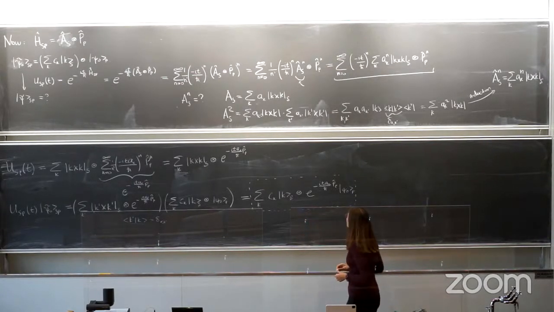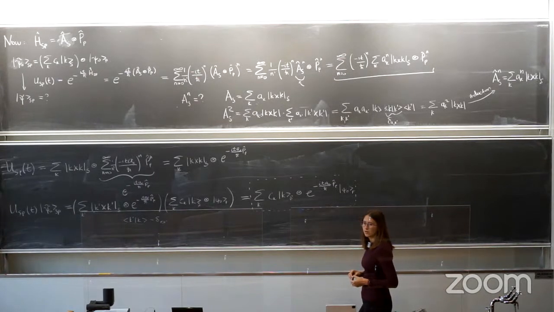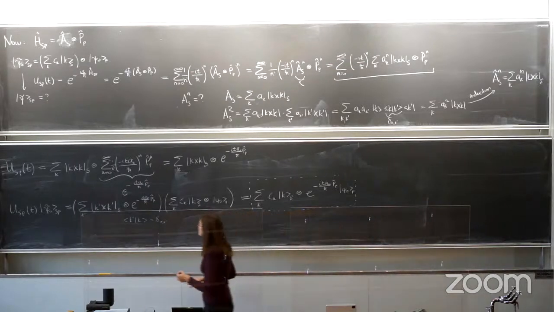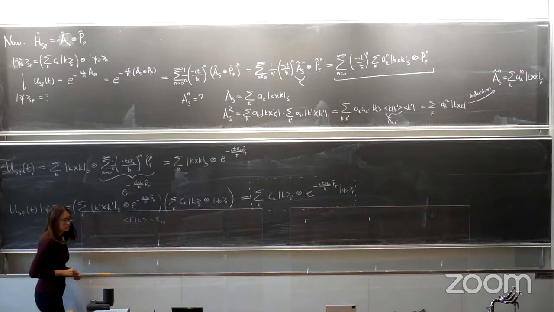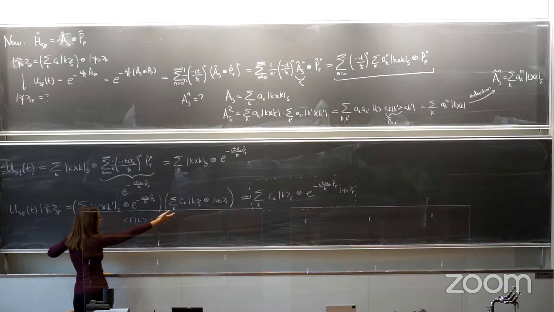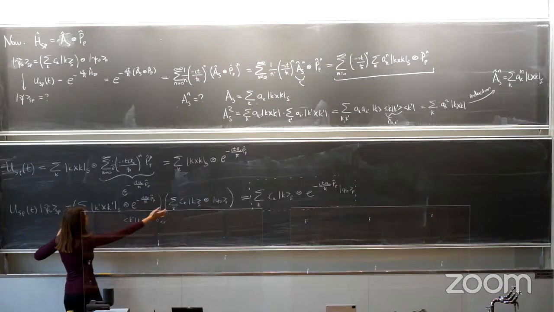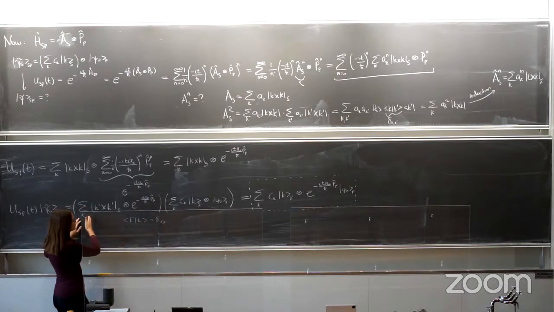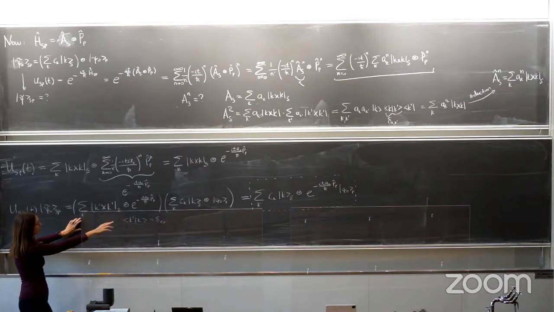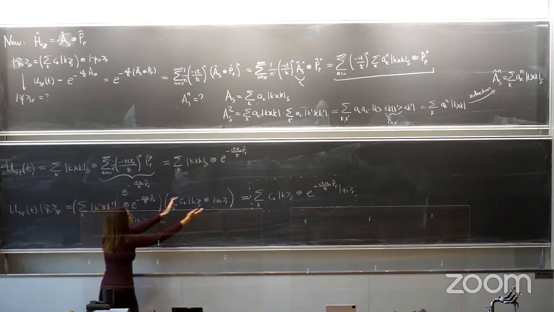My question is, what is this delta magic that is happening on the left-hand side, not on the right-hand side. Okay, so you see this object, right? We have here two sums, and I can just bring this sum in front here, right? And then I have sum over k prime, sum over k, and then this object acting on this object here.